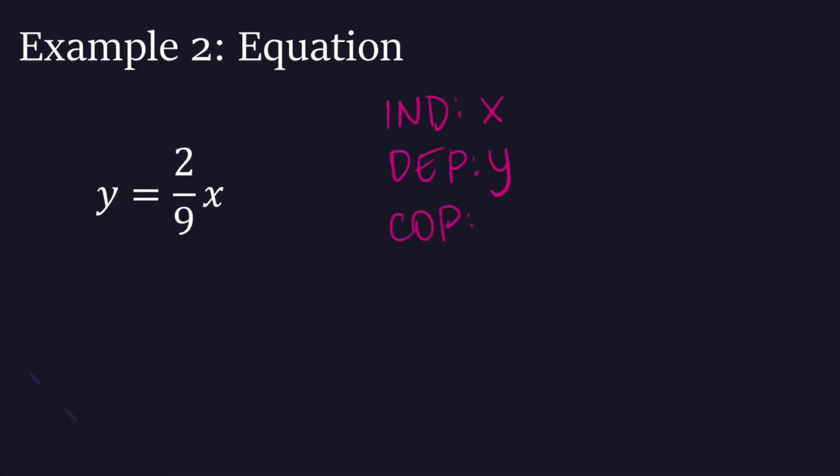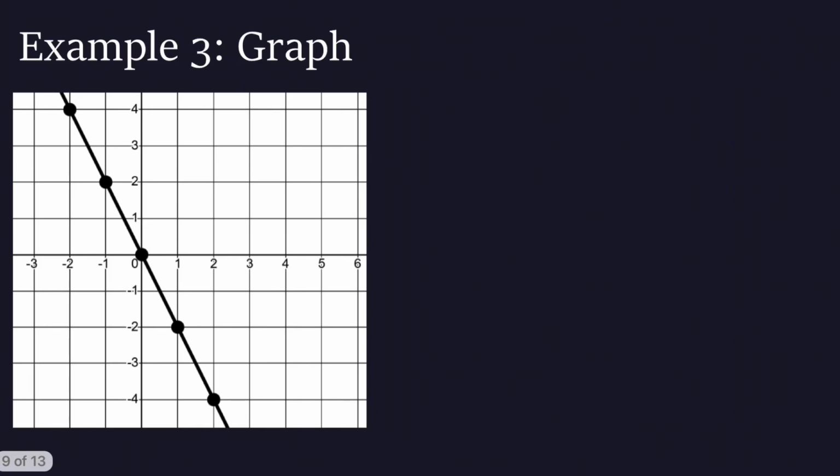The constant of proportionality in this case is already there. It's already in front of the x, so it would be 2/9. That would be my constant of proportionality. I don't have units because I just have x and y. I don't really know what they apply to, but I do know that the constant of proportionality is always what's in front of x when x is by itself and y is by itself.